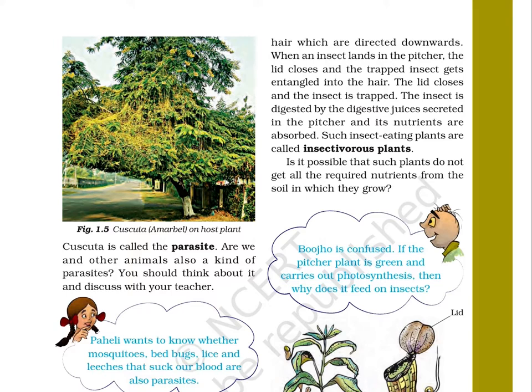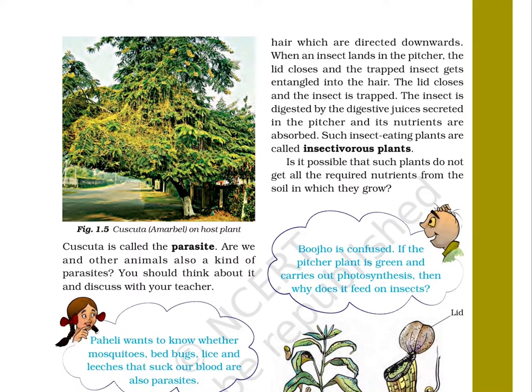The lid closes and the insect is trapped. The insect is digested by the digestive juices secreted in the pitcher, and its nutrients are absorbed. Such insect-eating plants are called insectivorous plants.